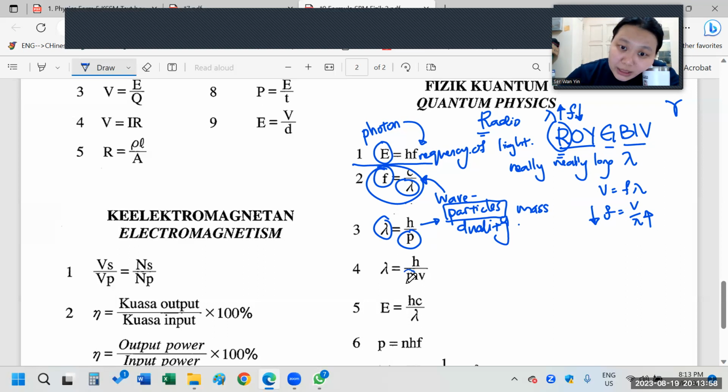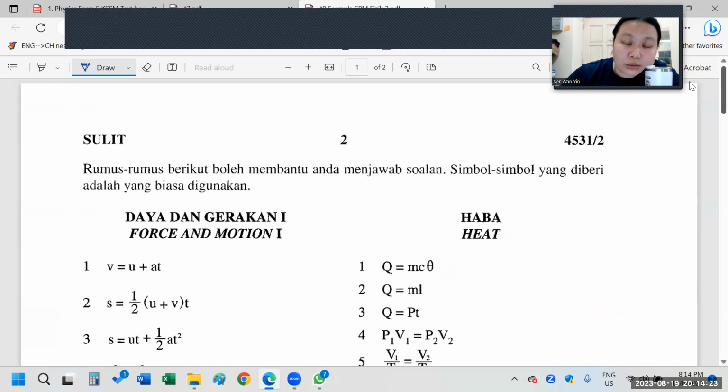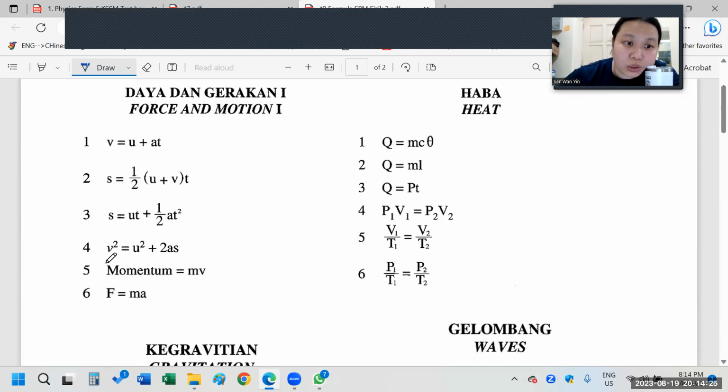So we say p equals to mv, meaning momentum. p equals to mv. So where can you find this formula? It is in Form 4, Chapter 2. Momentum p equals to mv.